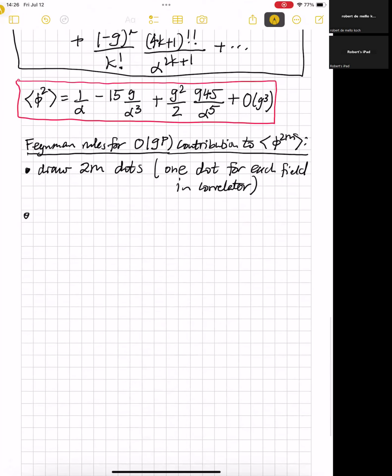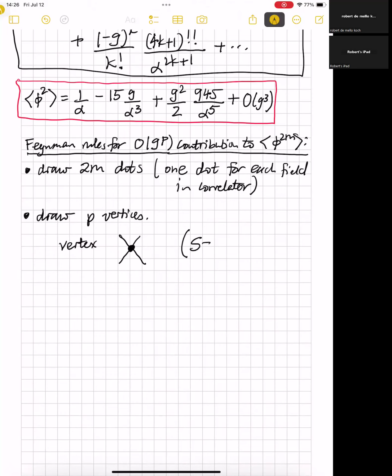And then we draw p vertices. This is for the order g to the p term. The vertex looks as follows: 4 lines meeting at a dot. Now, why do we have 4 lines meeting at a dot?